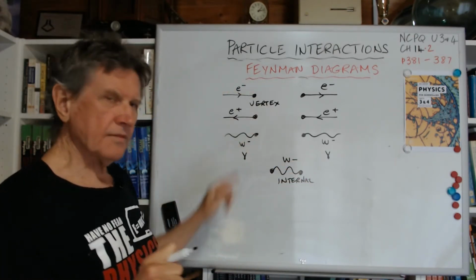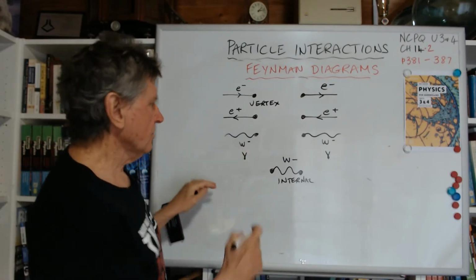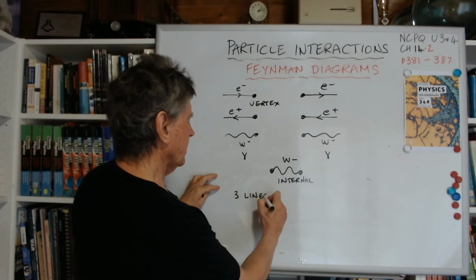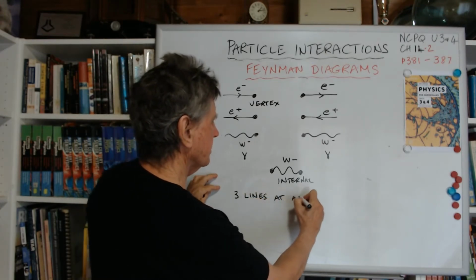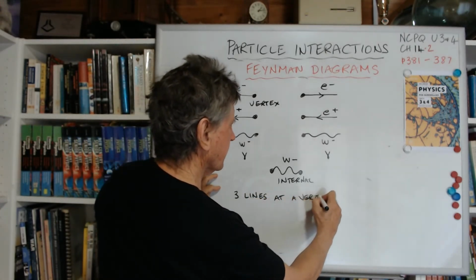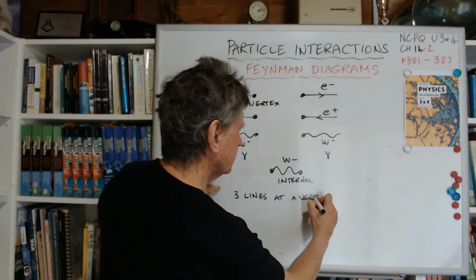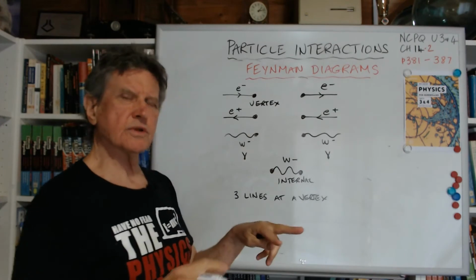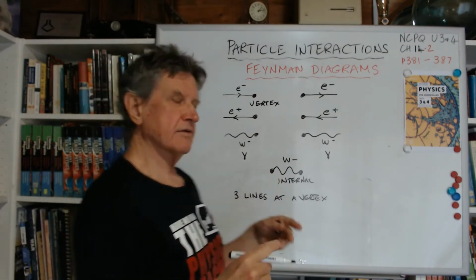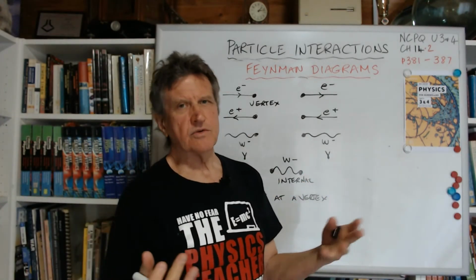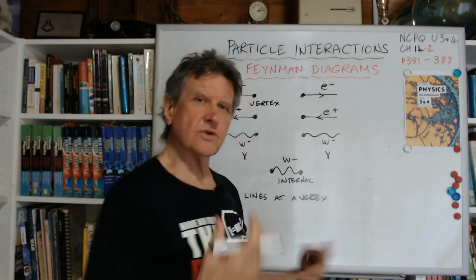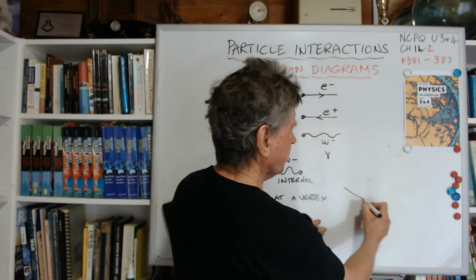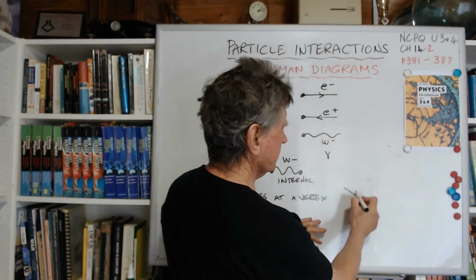Now the next point is you'll always have 3 lines at a vertex. Now, 2 of them are going to be either, I hate using the word fermions here because that's not a syllabus term, but let's have a look. Say for instance you had something like this.